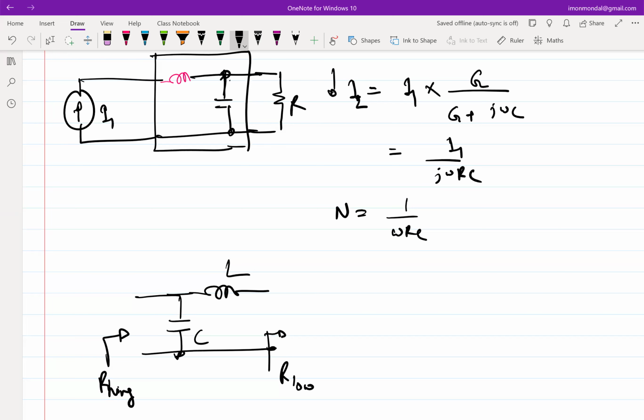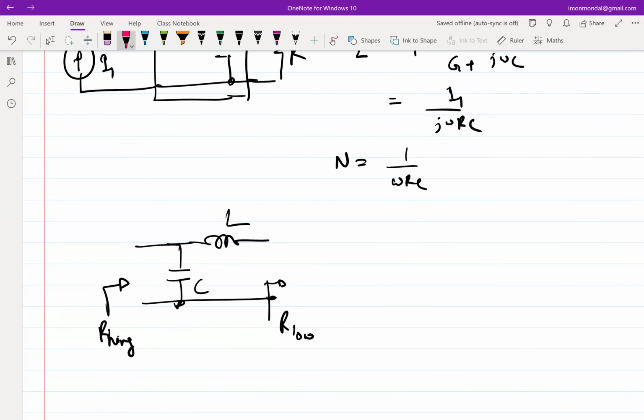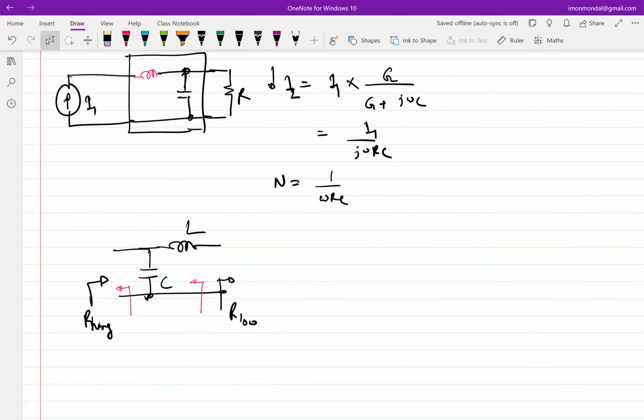Right? So the other way of saying it is, if I look from here and I look from here, then the R high seems to get translated to R low, isn't it? And that's what we are doing here, right? You're basically changing the port where I am applying and where I am observing. So if the impedance transforms just like a transformer, you can look from this port or that port.